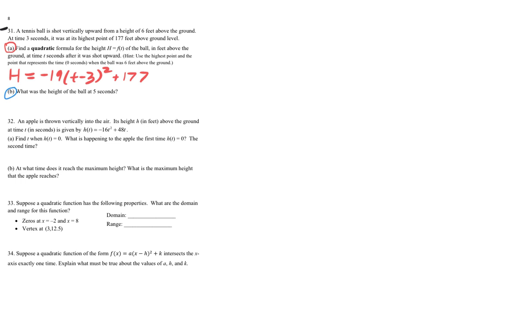Now for part B, we want to know what the height of the ball was at 5 seconds, right? So we want to know what h of 5 is. We plug in a 5 anywhere we see a t, so negative 19 times (5 minus 3) squared plus 177.